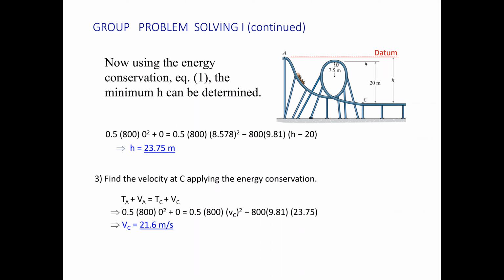We have 23.75. This is 3.75, so it's 23.75 for the distance from A down to C. We substitute in our equation for that distance, and then we can solve for VC, which in this case comes out to be 21.6.